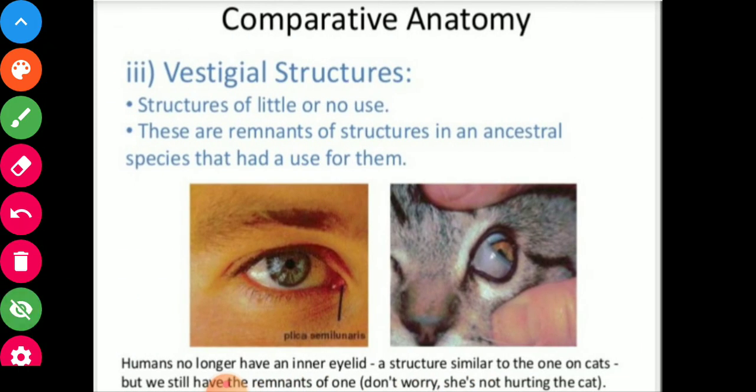Here also is an example of comparative anatomy. The vestigial structures, the structures of little or no use, are still found in our body. They are called vestigial structures. So many vestigial structures we still have. They are of very little use or no use, but they are present in the body.